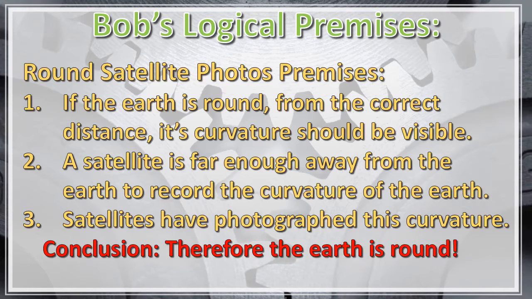A satellite is far enough away from the earth to be able to observe this curvature if it exists, and satellites have actually photographed this curvature of the earth. Therefore, the earth is round. This example here has three premises and a conclusion.